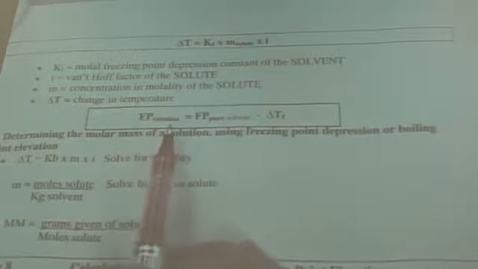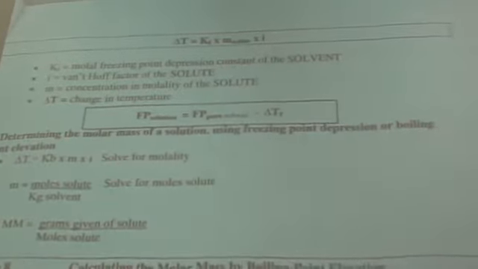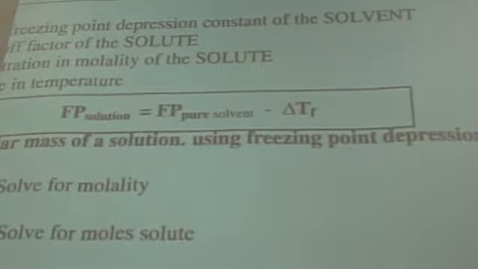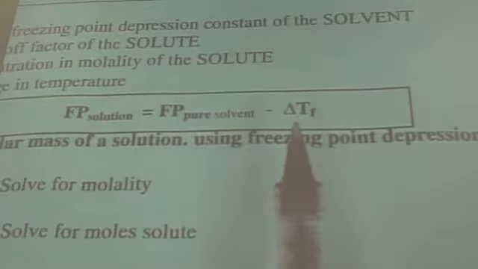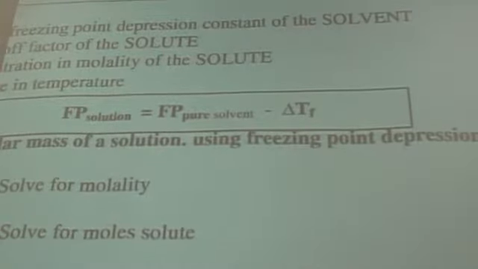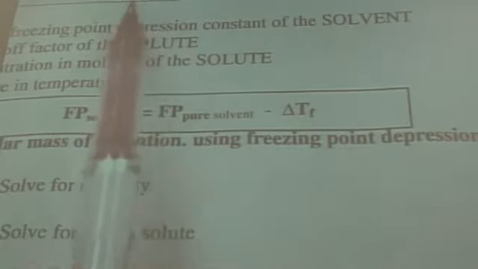So the freezing point of the solution is equal to the freezing point of the pure solvent minus the change due to adding a non-volatile solute to the solvent. The change in T is just the T that we put on the top? Right? Yep. Okay.